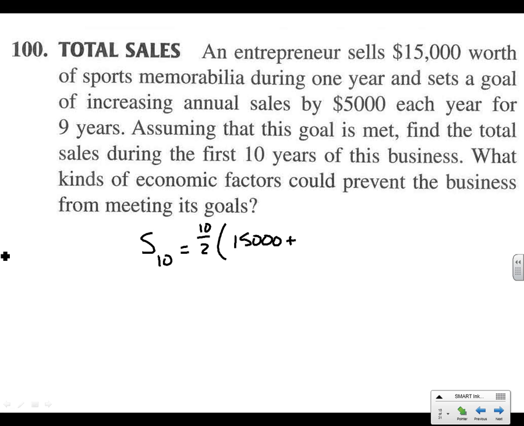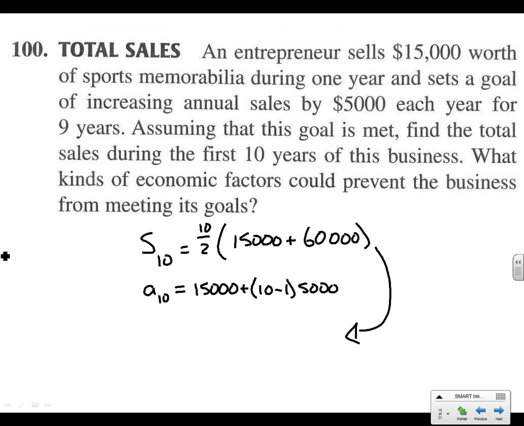Let's figure that out here. So A sub 1 is 15,000 plus 10 minus 1, 9 more years of $5,000 increases. So 9 times 5 is 45,000 plus 15,000 is 60,000.